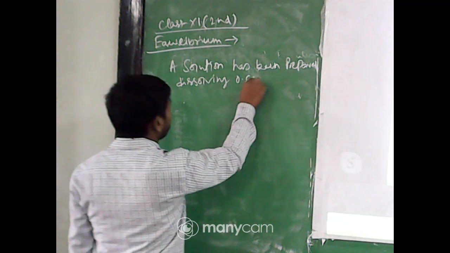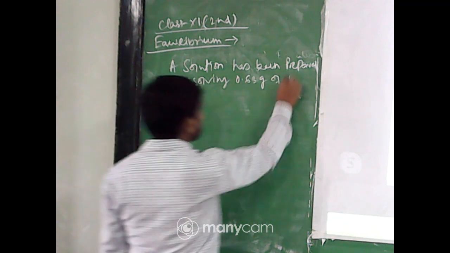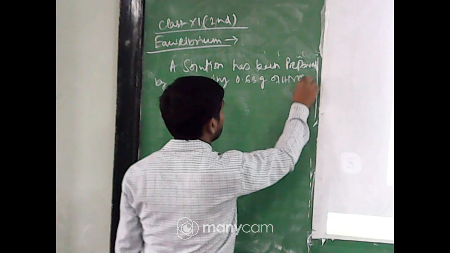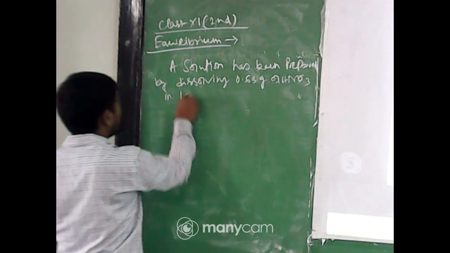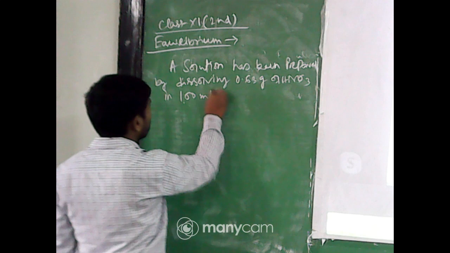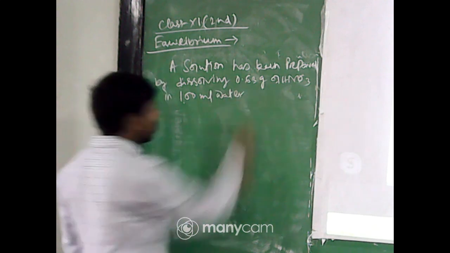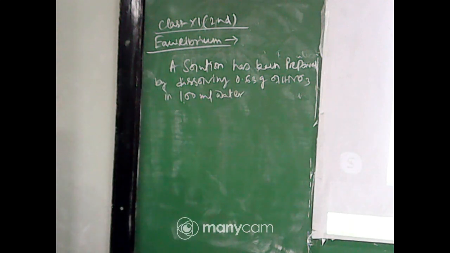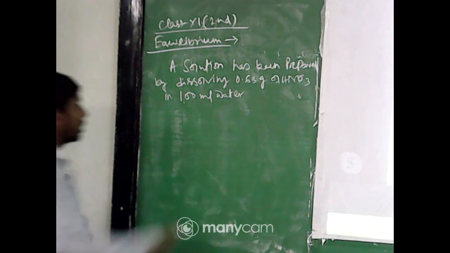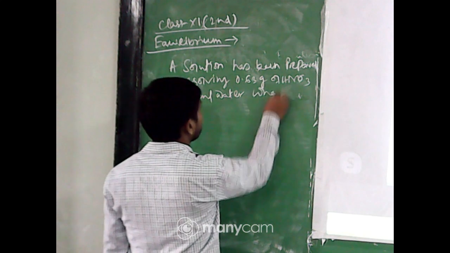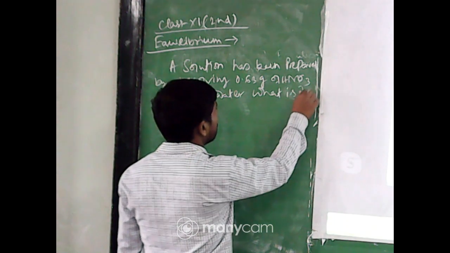What is its pH value, assuming that the acid is completely dissociated?